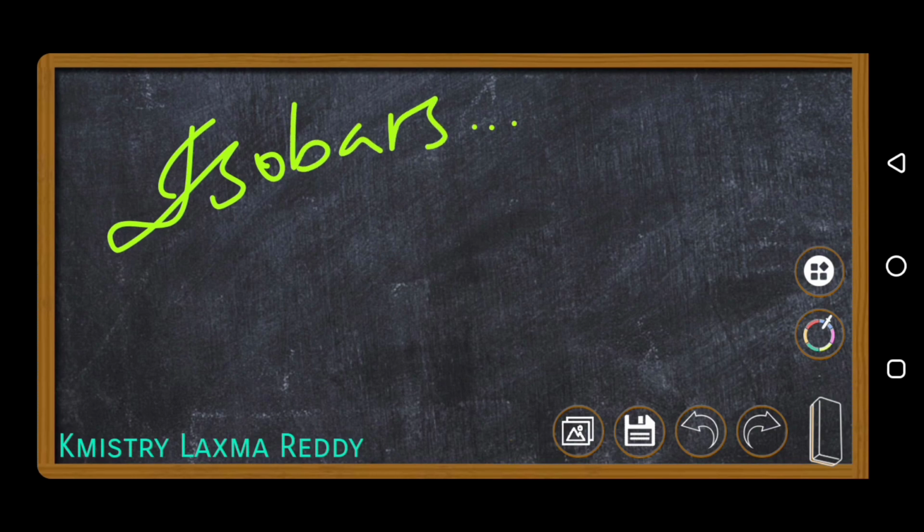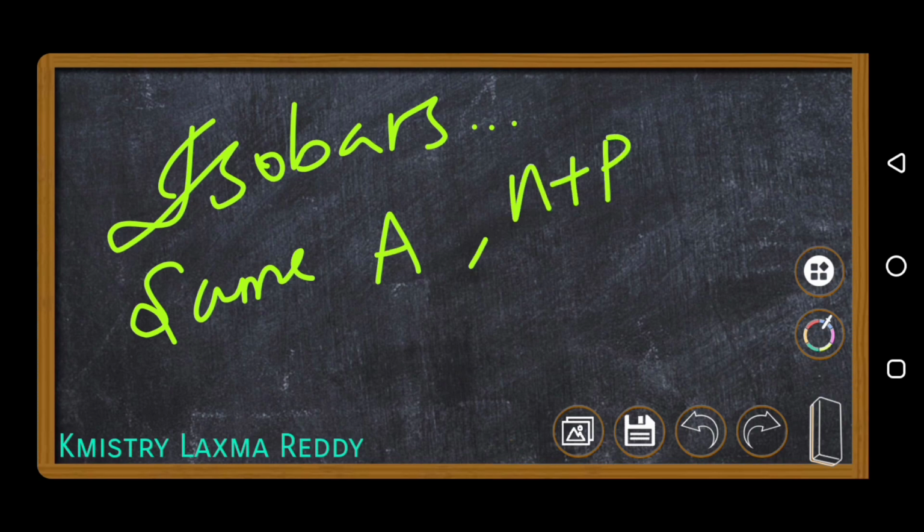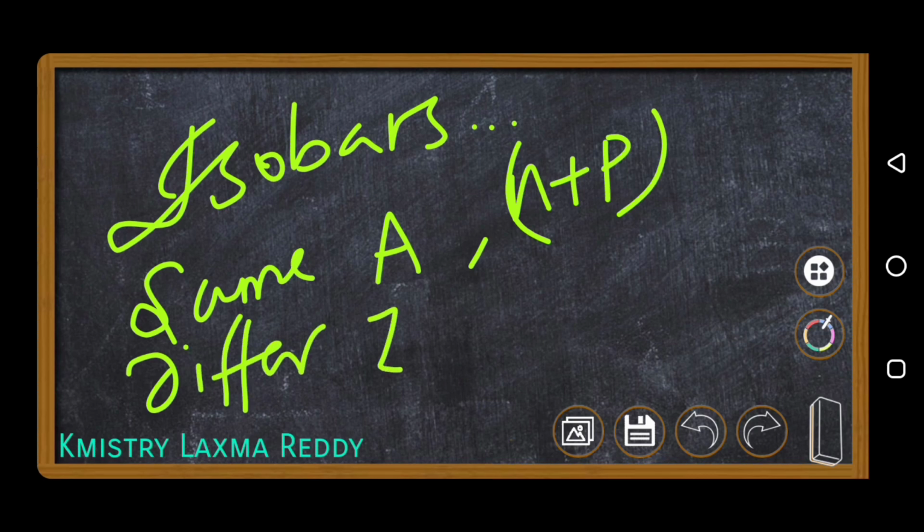So what you can say, isobars means same mass number. Mass number means neutrons plus protons number is same. Then what is different? Z.